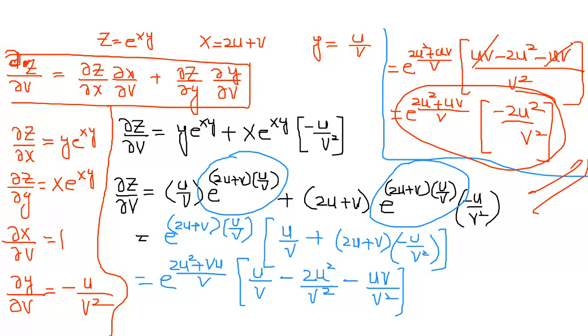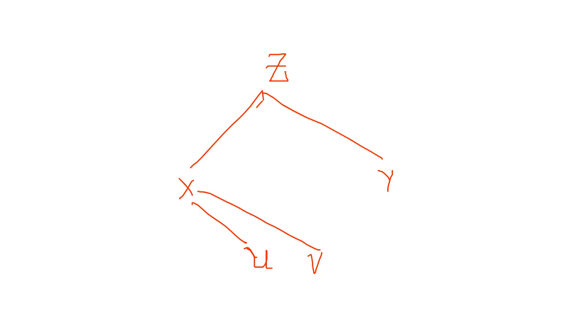Okay, so in this case, if you have z as a function of x and y, and x is a function of u and v, and y is also a function of u and v, then you will apply the partial derivative chain rule.